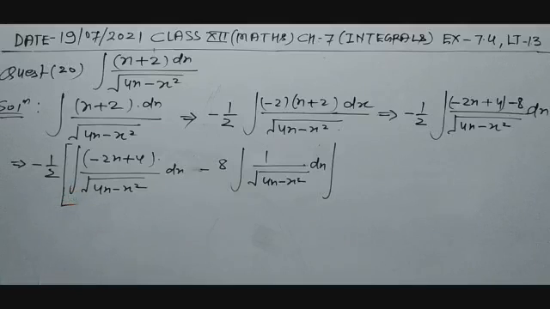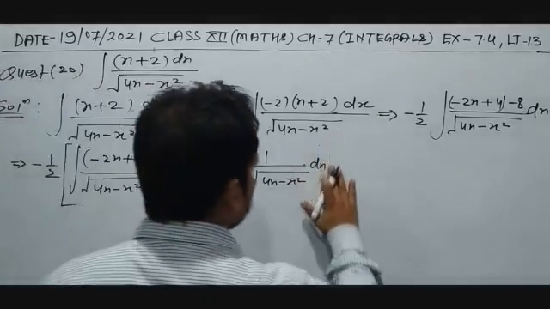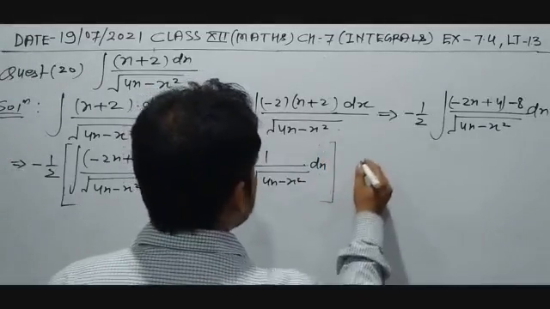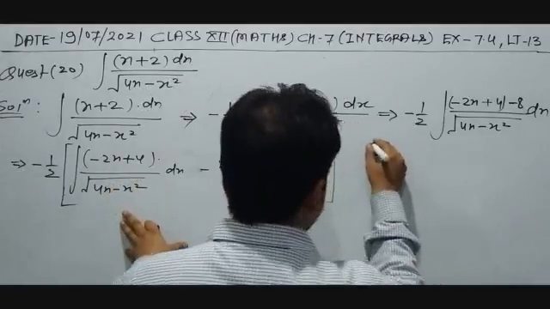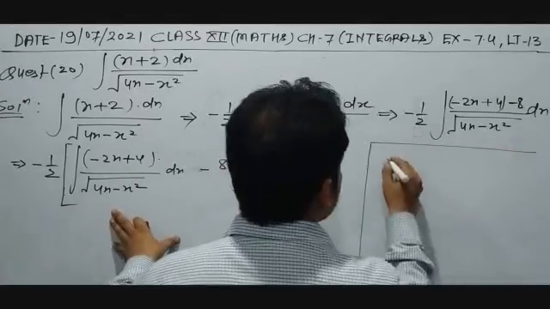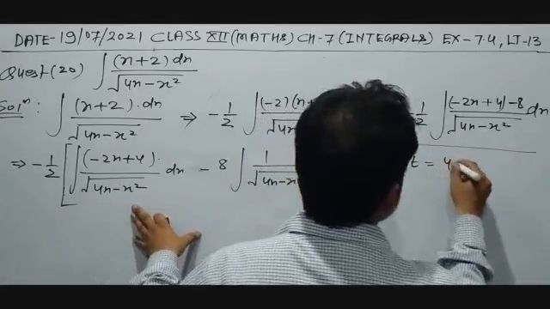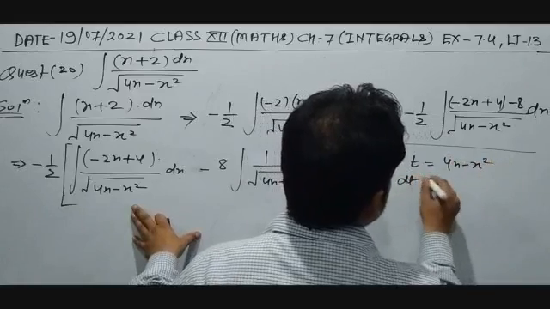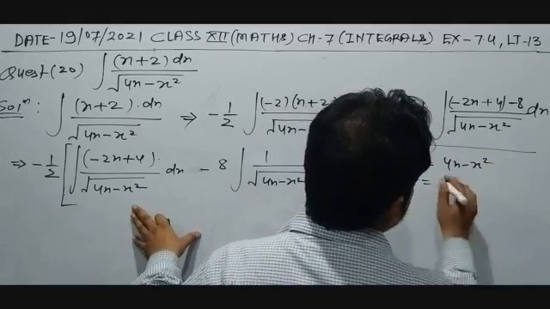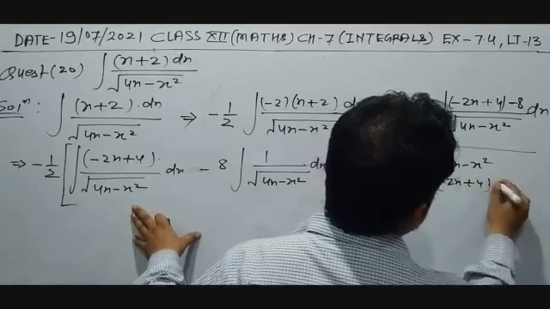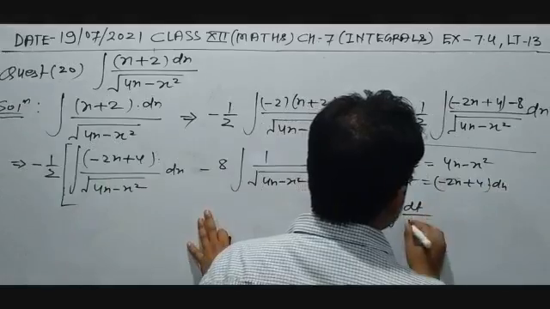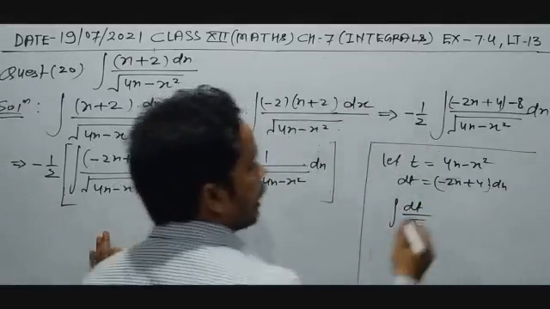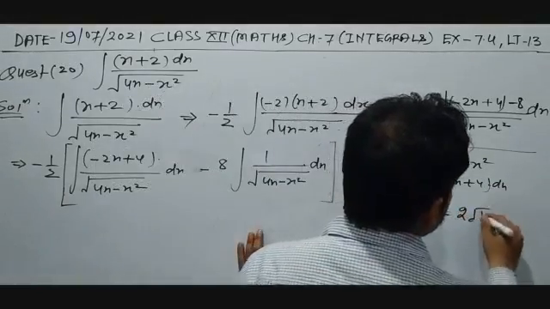See in rough work. Let t equal 4x minus x square, then dt will be equal to (minus 2x plus 4) dx. So the integration converts to dt upon root t, and its integration you know is 2 times root t.